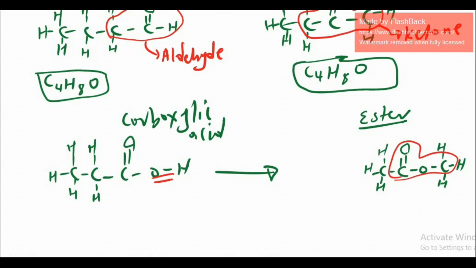Then we have positional isomers, where there is a difference in the position of the functional group, the side chain or the substituent, right? Then we have functional isomers: ketone versus aldehyde, and carboxylic acid versus ester.